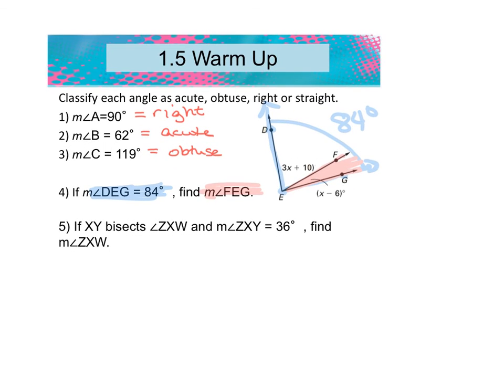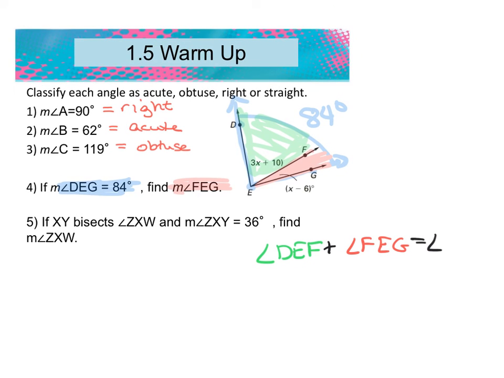So what I'm going to be doing is adding DEF plus FEG. So let me go ahead and write this. Angle DEF plus angle FEG, and that's going to equal the entire angle, which is DEG.